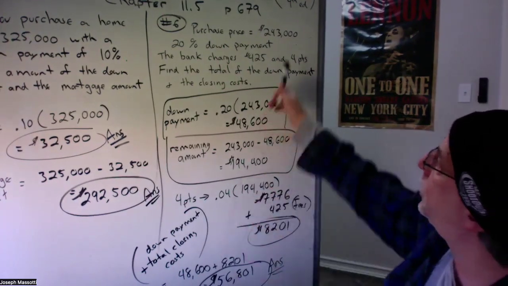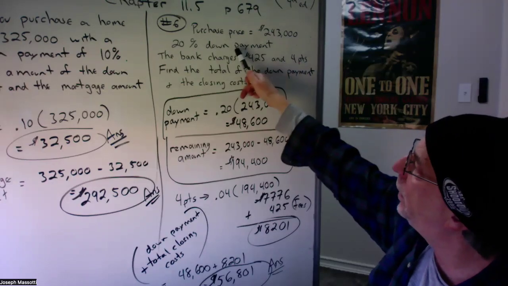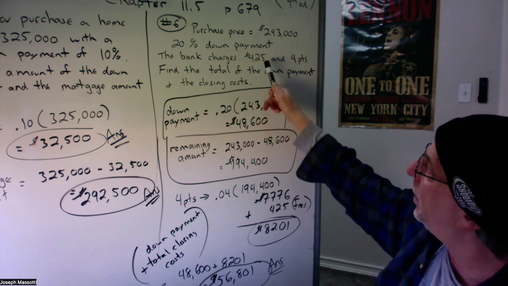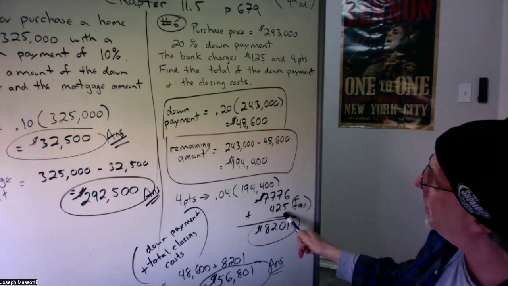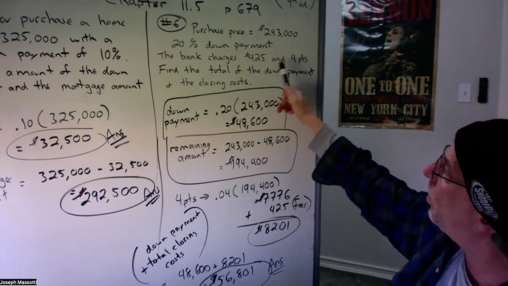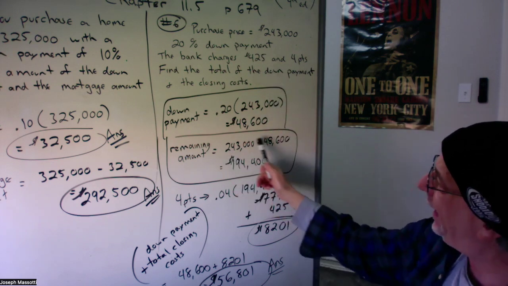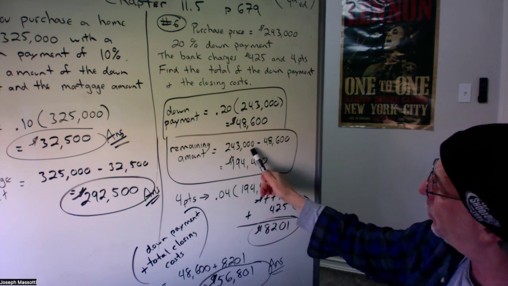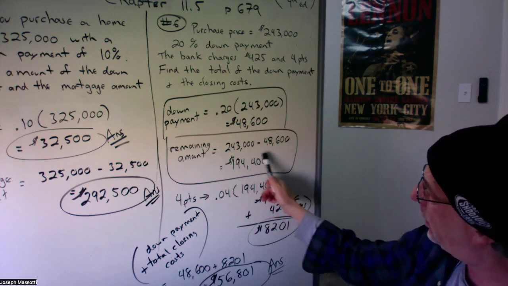All right. So purchase price was $243,000, 20% down payment. So here's our down payment. Bank charges $425 in fees plus 4 points of the remaining amount after you subtract the down payment. So here's the original price minus the down payment.